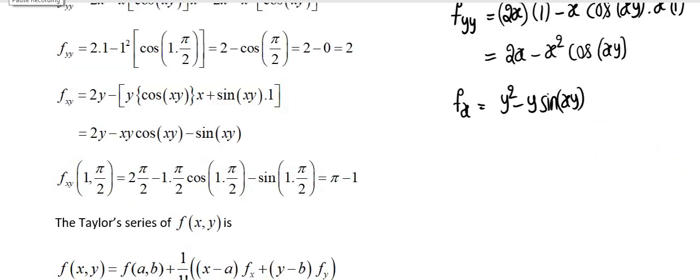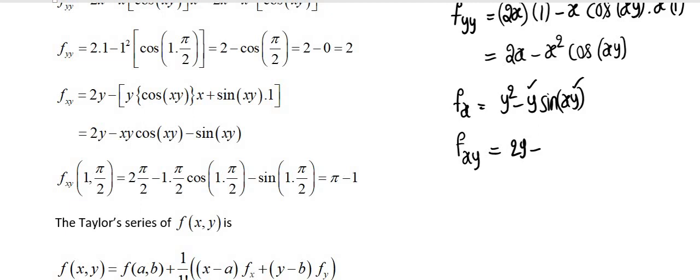Now I am going to find out fxy, that is partial differentiation of fx with respect to y. Whenever we are going to do partial differentiation with respect to y, treat x as constant. So y square differentiation is 2y. Here you can observe, here we have y, here also we have y.